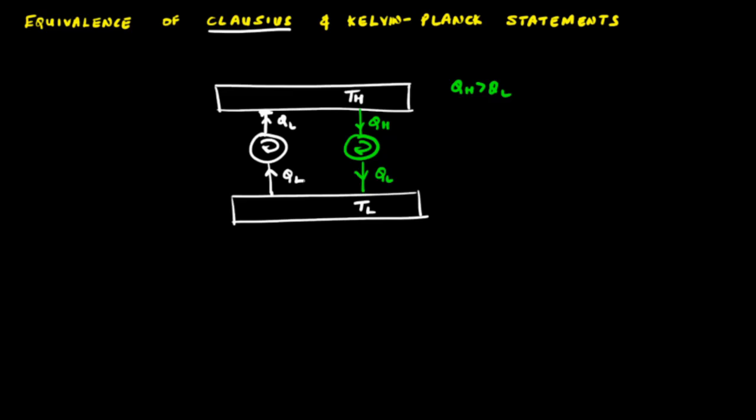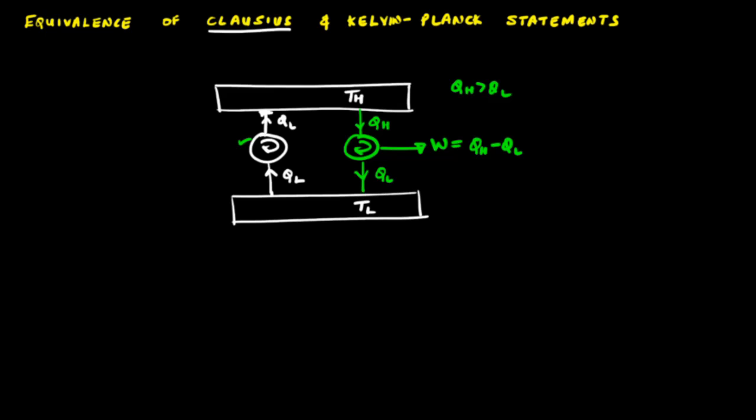That is exactly the heat that is being absorbed by this refrigerator. Now, in this process, this heat engine does work in one cycle equal to QH minus QL, because from the first law of thermodynamics, this is what we get. And note that both of these devices that operate in a cycle do not violate the first law of thermodynamics.